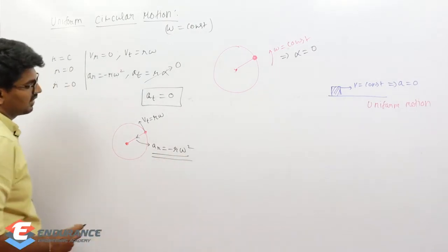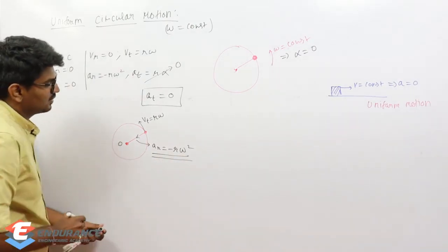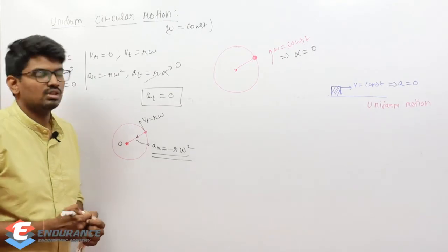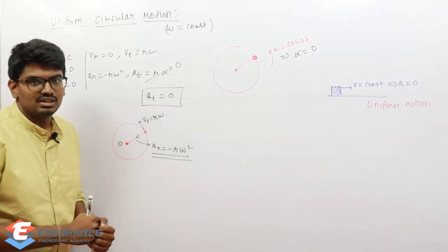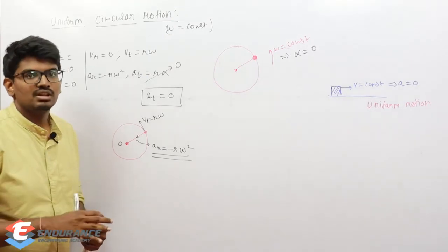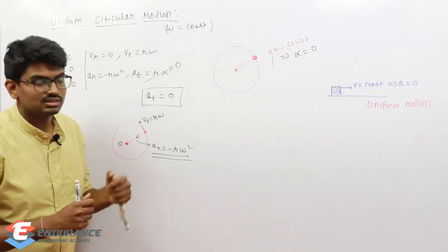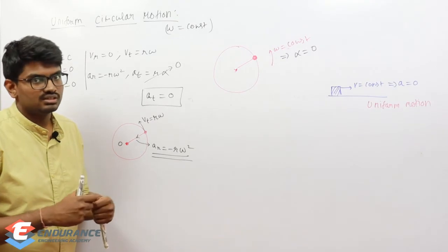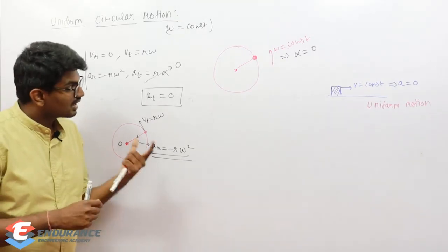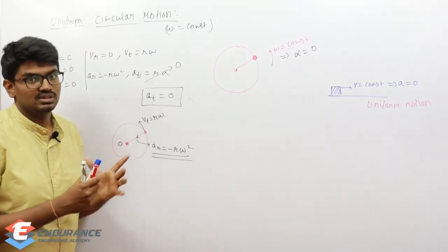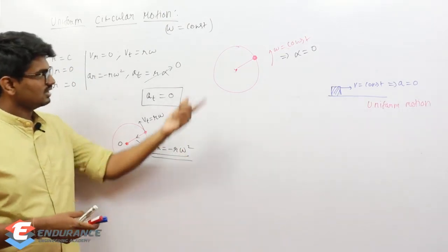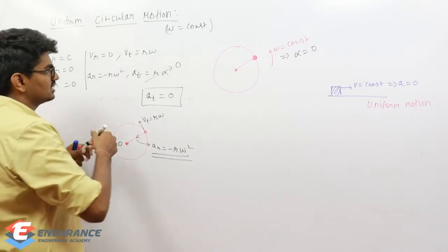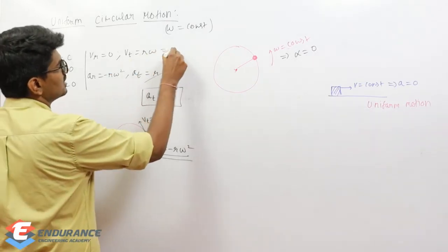Here comes something most of you would have been wondering about: if velocity is constant, acceleration has to become 0, right? In this case also angular velocity is constant, so the tangential velocity will also be constant, obviously.